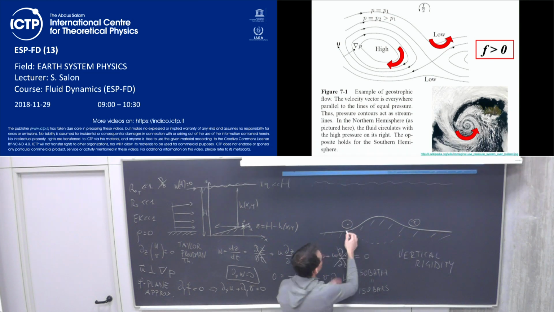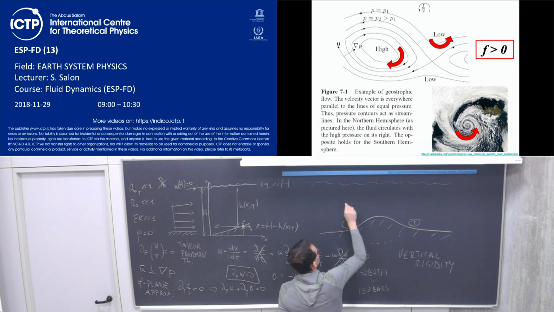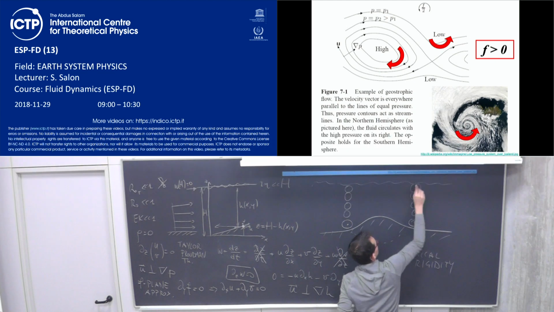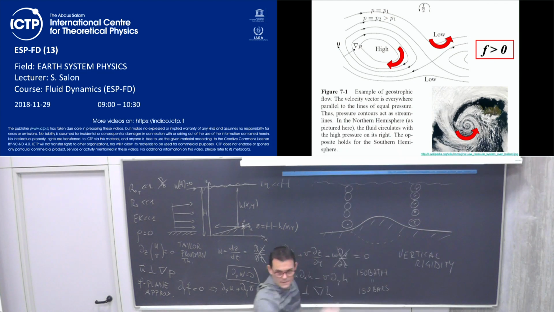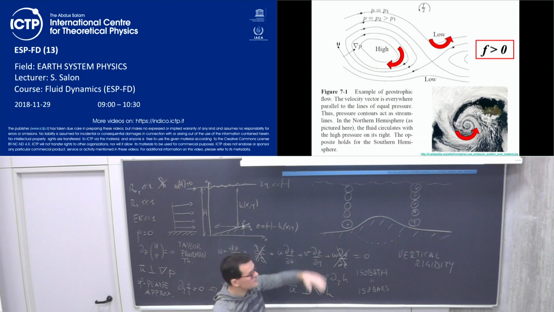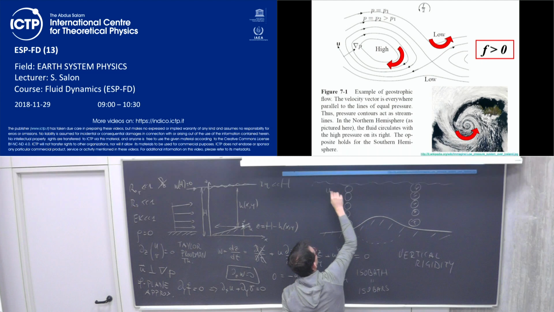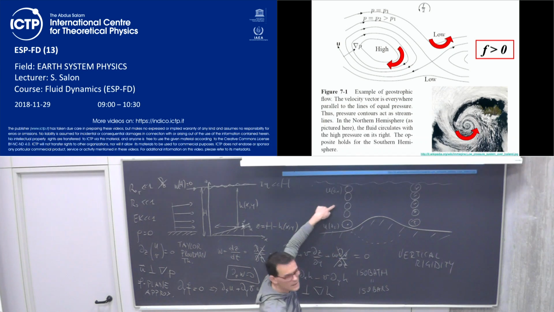And if you think about it, you have this characteristic along the entire depth of the fluid, so the velocity here at a certain z1 will be equal to the velocity here, and so on.